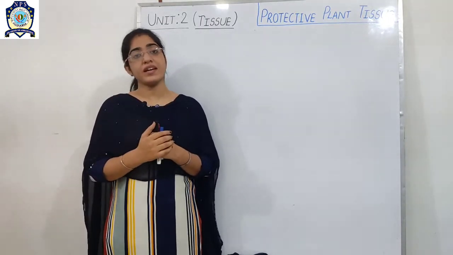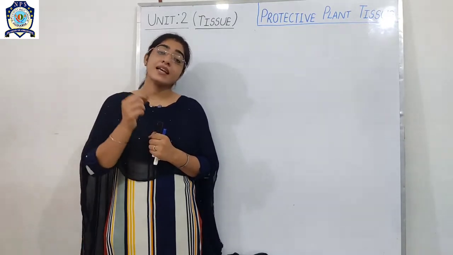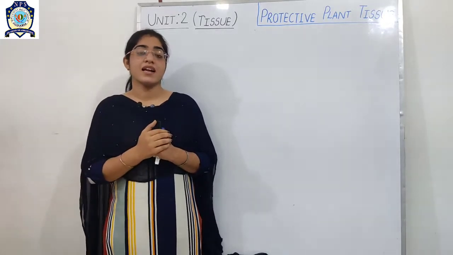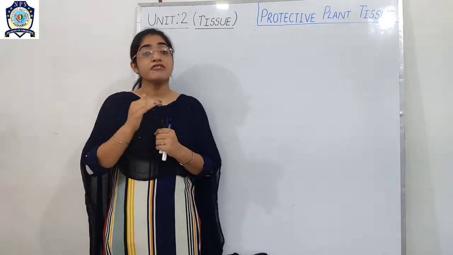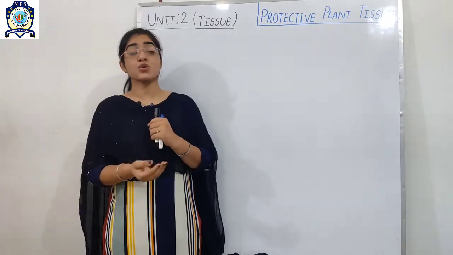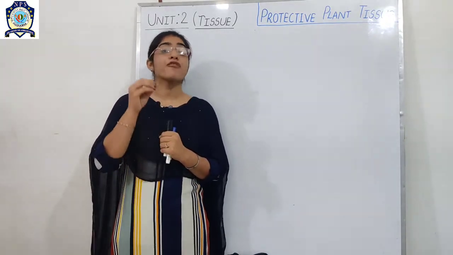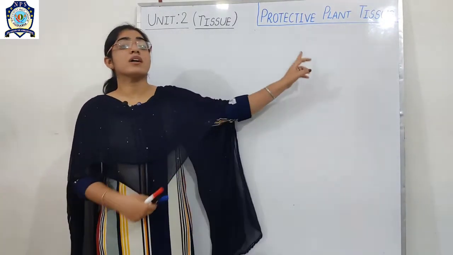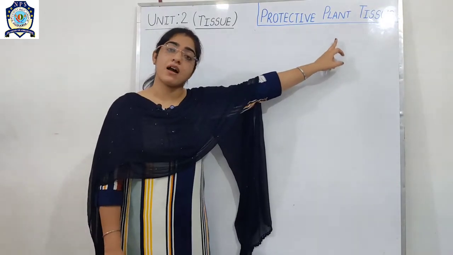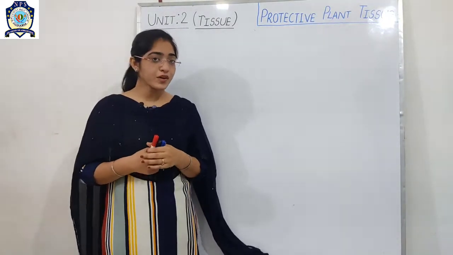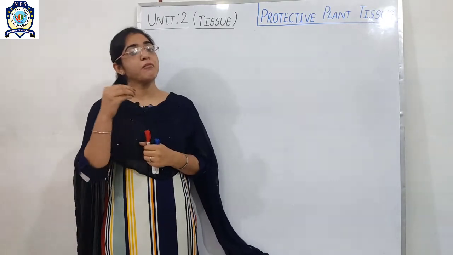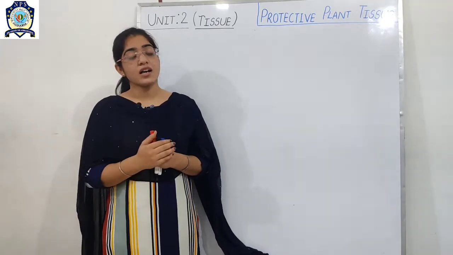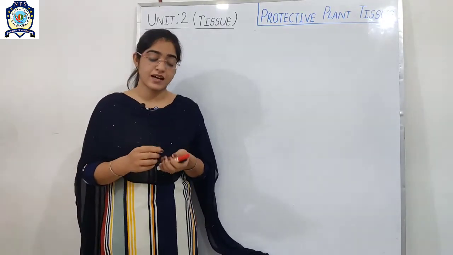In a similar way, the plant parts are also covered with tissues, and those tissues which cover the plant to protect the plant part from mechanical injuries are called the protective plant tissues. So what are the protective plant tissues? Protective plant tissues are those tissues which are used to protect the plant.